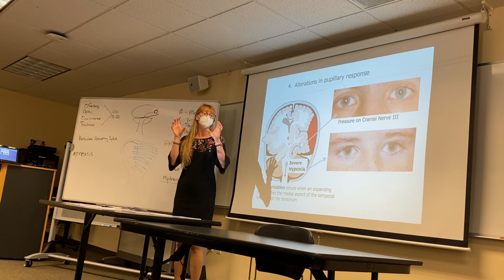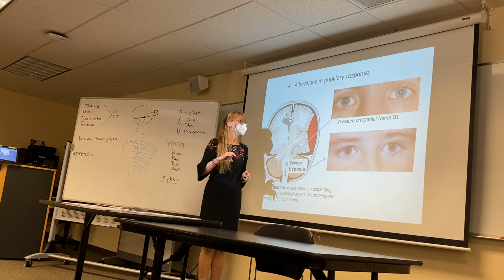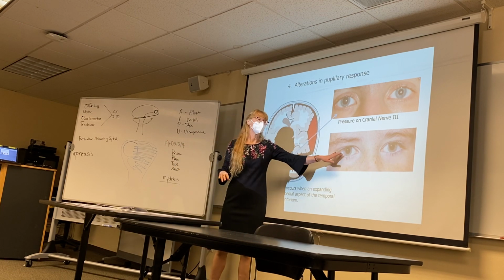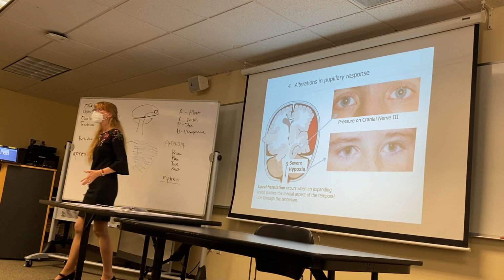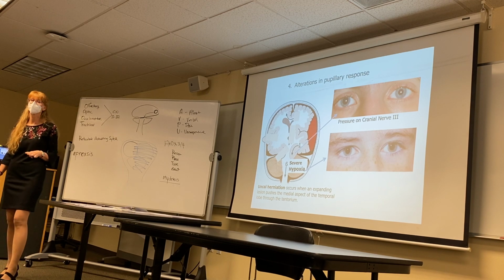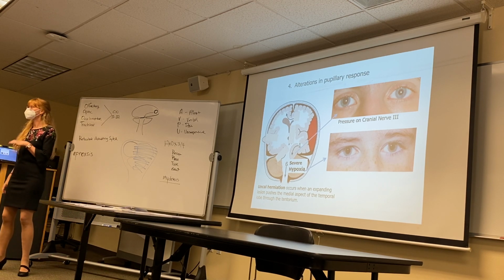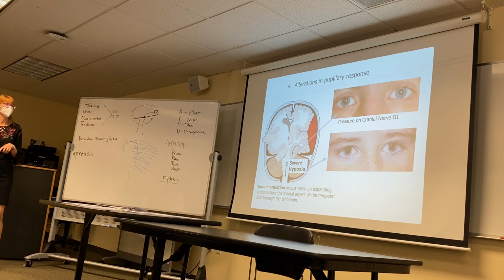That's caused by tissue damage, tissue hypoxia. This can also be caused by opioid overdose. So looking at pupils is a good assessment. It is one of the 4 that we talked about for central nervous system assessments. Okay? Questions on that?